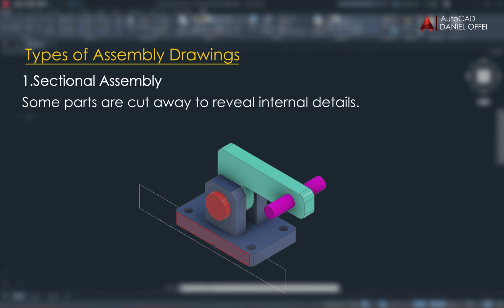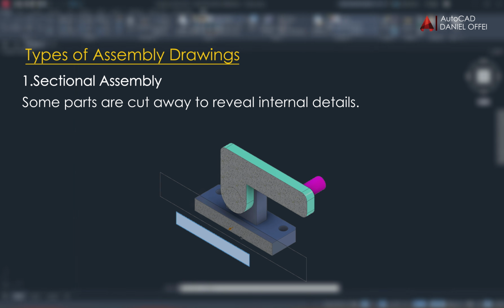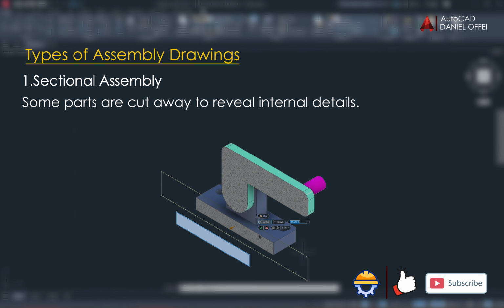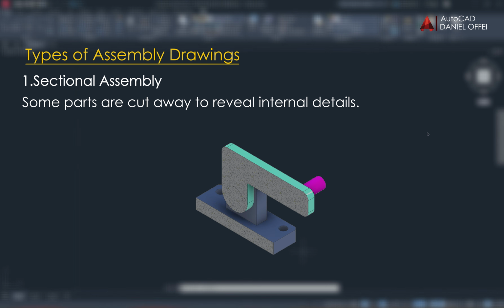Then we also have the sectional assembly. Some parts within the product cannot be seen from outside the product, so the sectional assembly shows some parts that are cut away to reveal the internal details of the product.